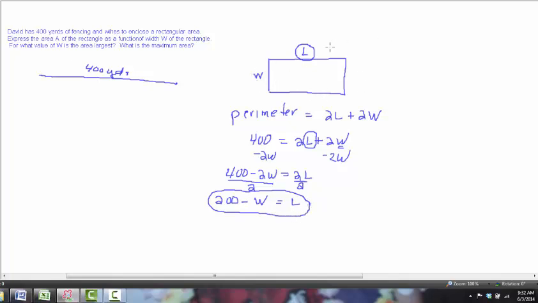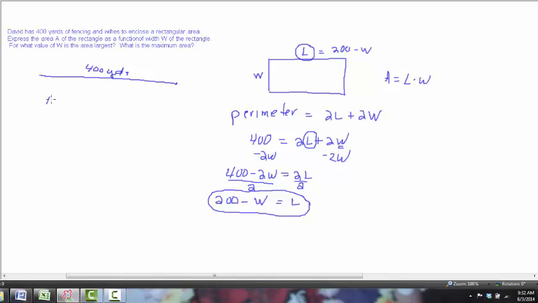So I have my width, and then I have my length in terms of the width, which is 200 minus W. So now if I want to come up with an area function in terms of W, what is the formula for area of a rectangle? That is length times width.